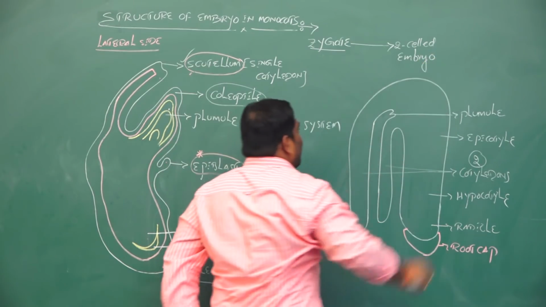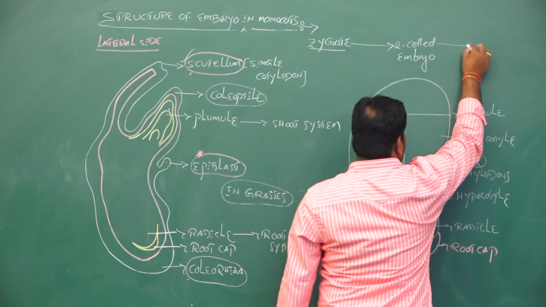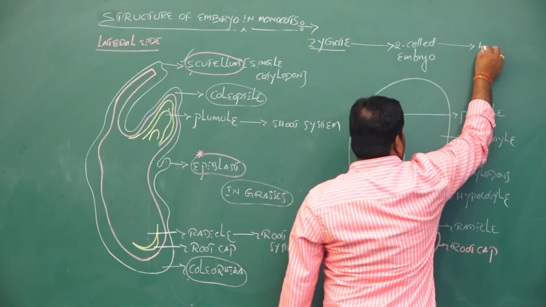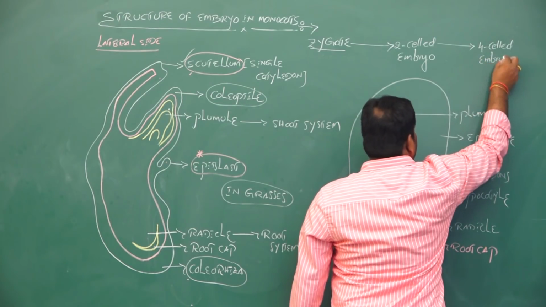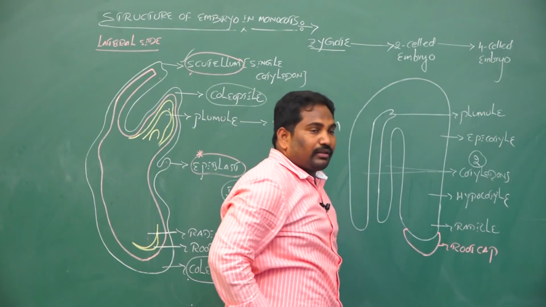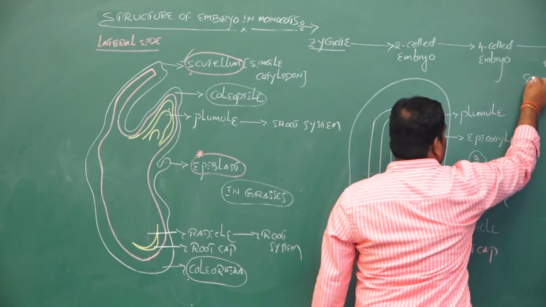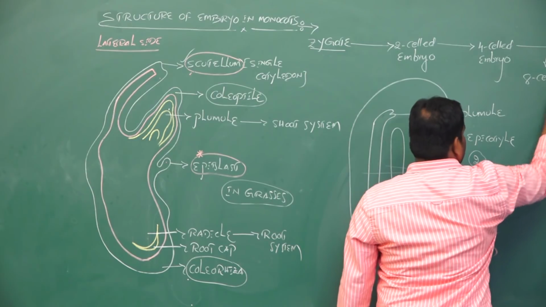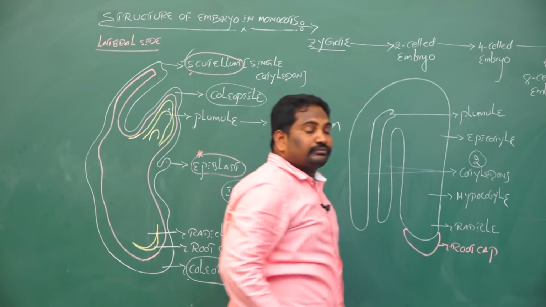To make it easy to understand, I am giving this flowchart. Now this two-celled embryo undergoes mitotic division and produces a four-celled embryo. When the four-celled embryo undergoes mitotic division, it produces an eight-celled embryo, called the octant stage.